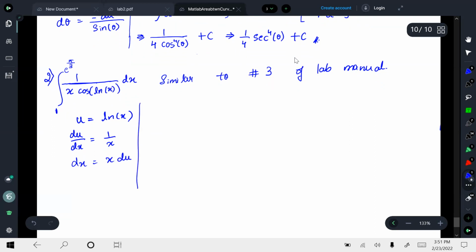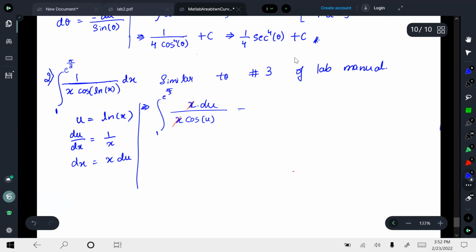Okay, now applying this in the integral from 1 to e to the power of pi by 3, 1 divided by x into cos of u into dx was x into du. I'll write it here, x into du. So the numerator and denominator is cancelled.